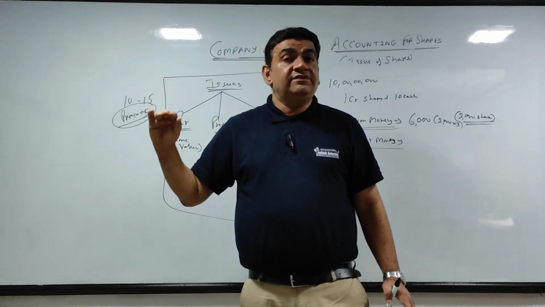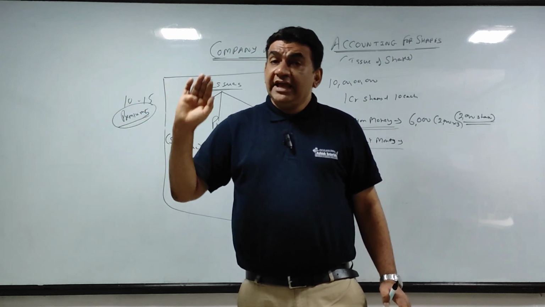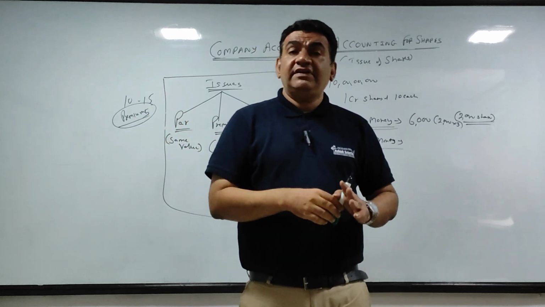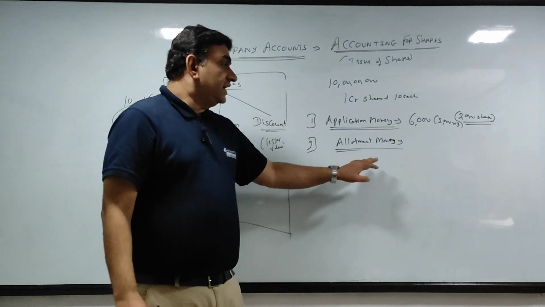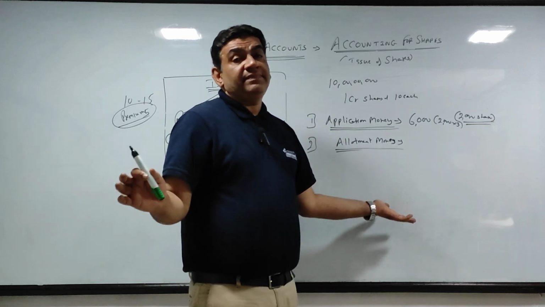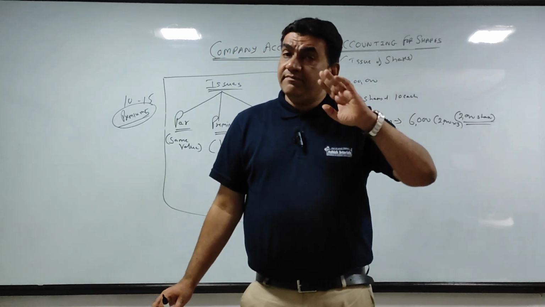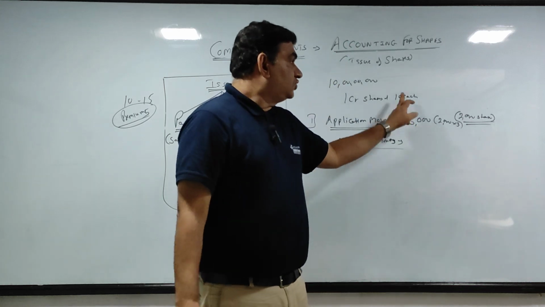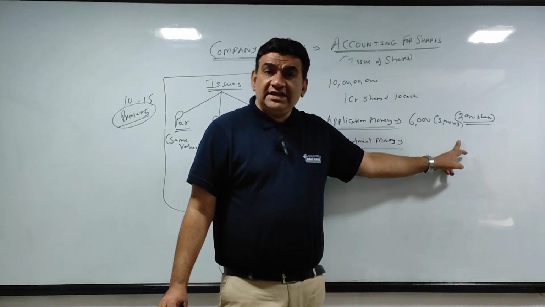And when the company gives you allotment, if the money is collected in installments, then after application, the second installment will be allotment money. Now again यहाँ पे it depends. Company can collect full allotment money in advance. 10 रुपए का शेयर था, 3 was an application.